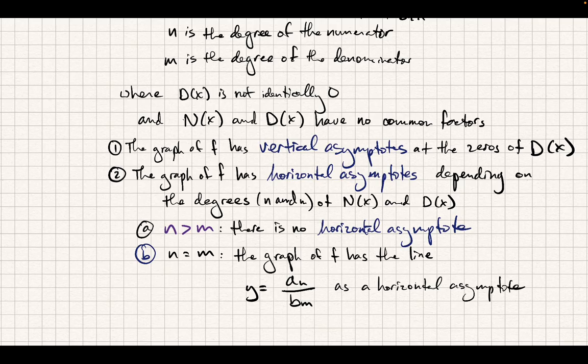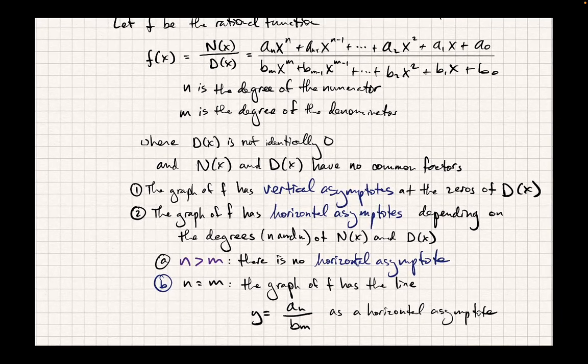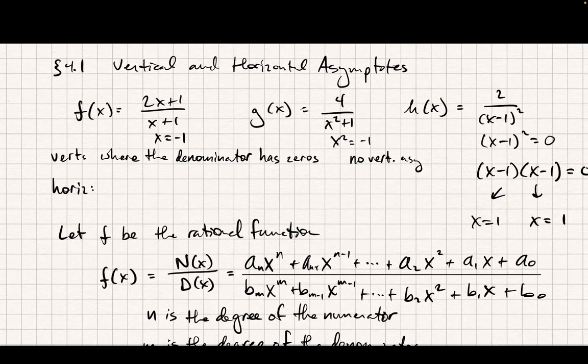So what does that mean? The leading coefficient over the other leading coefficient gives the horizontal asymptote. Did we have an example of that where the degrees were the same in our F, G, and H? Yes. So how do the degrees compare in F?